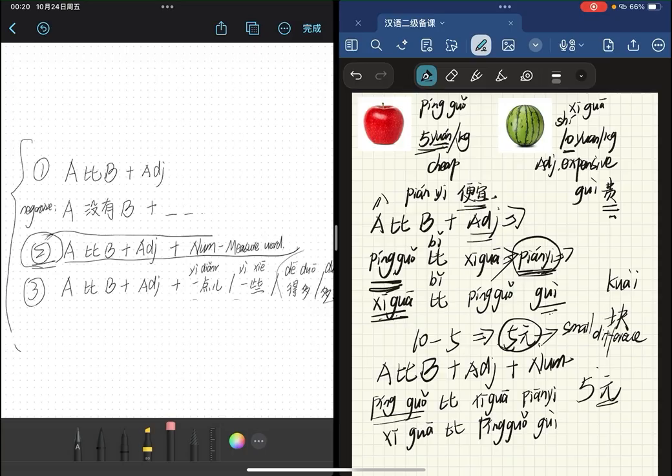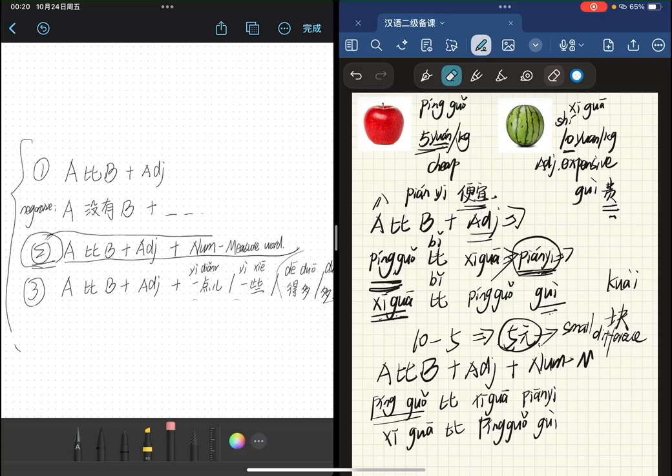So the 元 is a measure word for Chinese money, but in spoken Chinese, we usually use 块. So 苹果比西瓜便宜5块. 西瓜比苹果贵5块.